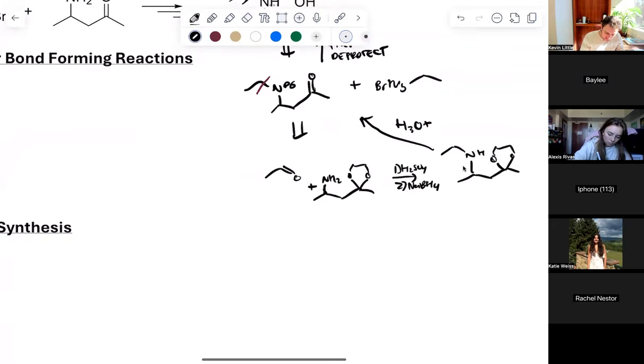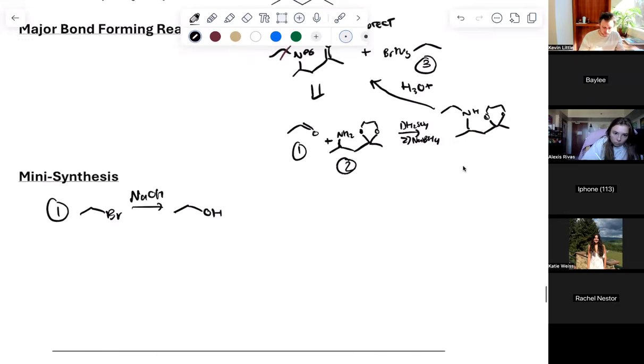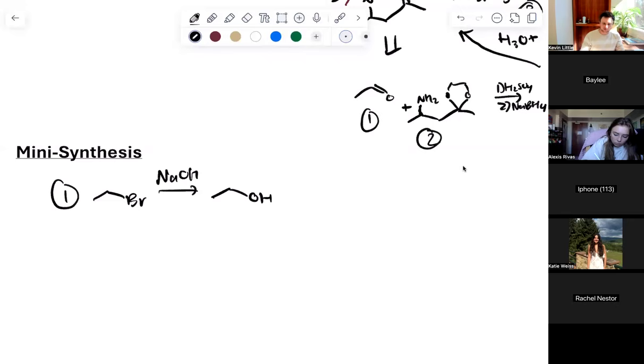So outside of that, I need to explain how I got to 1, 2, and 3. So 1, I can substitute that Br out with sodium hydroxide since it's primary.